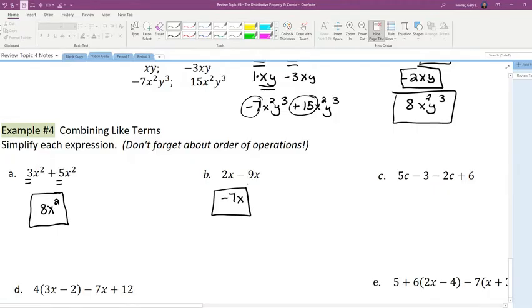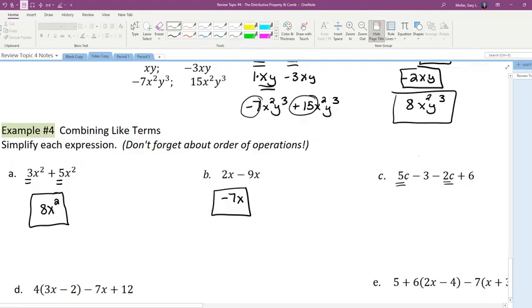All right, on part C, we have to make sure we only add common terms together. So I look at this problem, and I see that I have a 5c and a 2c. You can rearrange this if it helps you. But essentially what you're going to want to do is ignore everything except for what you are combining together. The difference is we have to pay attention to the signs.